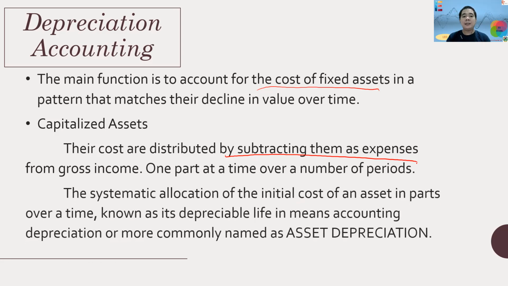So the systematic allocation of the initial cost of an asset in parts over a time, known as depreciable life, is accounting depreciation, or more commonly known as asset depreciation. You will be covering this one in your topic with regards to accounting, if ever your course has one.